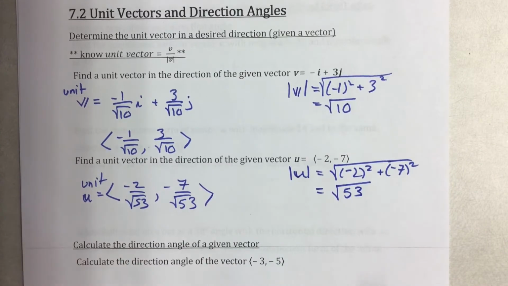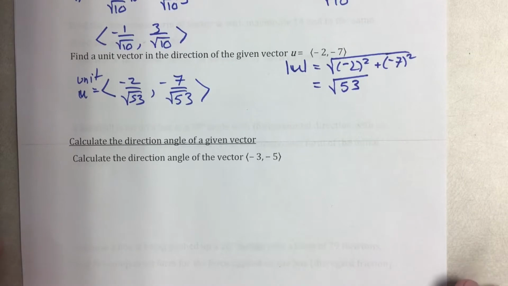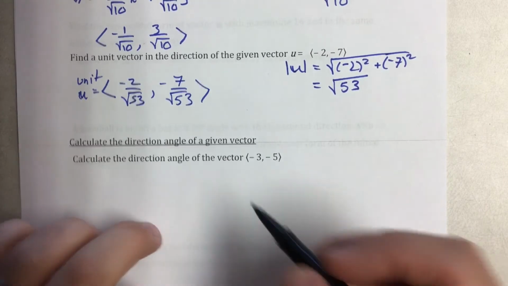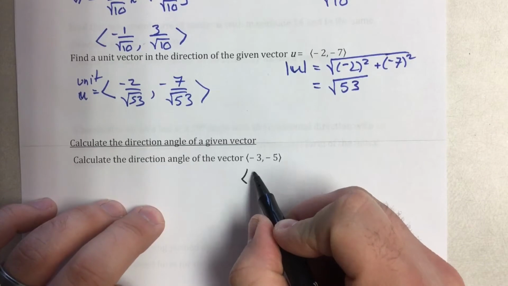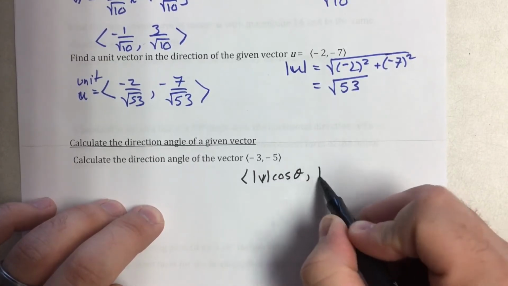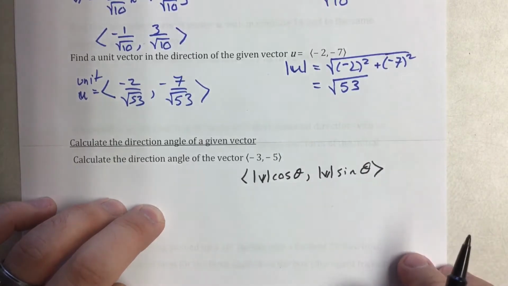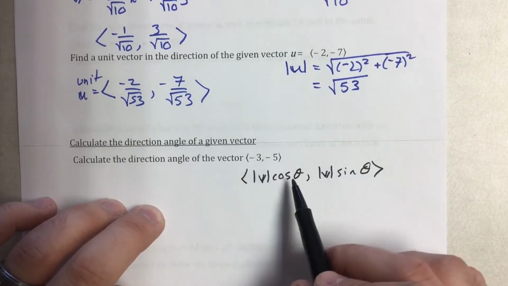All right, and with that, so finding unit vectors, now find the direction angle. There are two approaches we could take here. We could take the approach of knowing that vectors have magnitude times cosine of theta, magnitude times sine of theta, and set negative 3 equal to this.